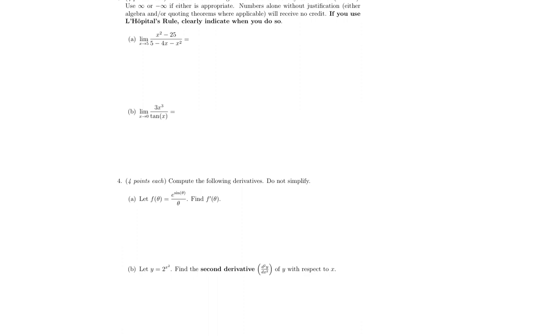Limit as x approaches 5. Well, on top, that's going to get close to 5 squared minus 25. And I'm only checking this to make sure that if this is a normal thing that we can just evaluate, then that'll be fine. So we bring it 0 over 5 minus 20 minus 25. And 5 minus 20 minus 25, that's going to be what, negative 40?